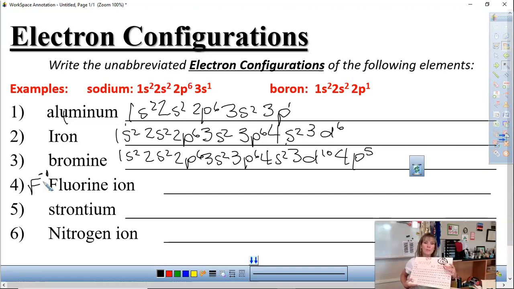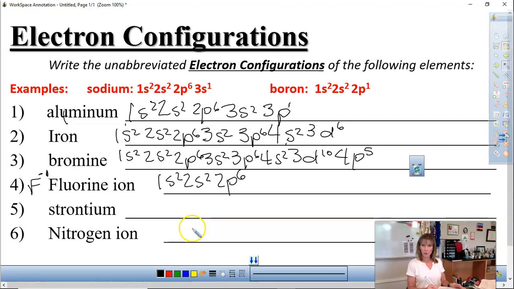It needs 1 more. So if it gains 1 electron, it has one extra negative charge, which means it will have a -1 charge, which is what I wrote there. So its electron configuration with an extra electron will be 1s2, 2s2, and instead of 2p5, remember it has an extra electron, it's 2p6.